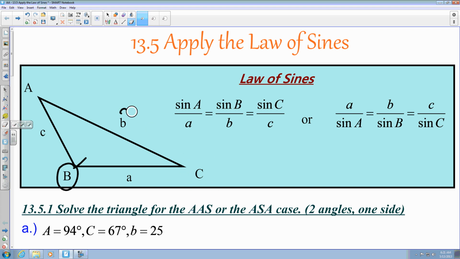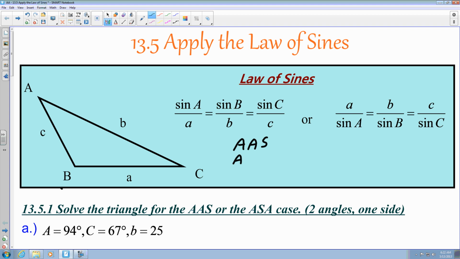So with that being said, we have to do a little bit of review of geometry. To be able to use the law of sines, you have to make sure that they're either in AAS form, ASA form, and or SSA form. So this one is angle angle side. This one is angle side angle.